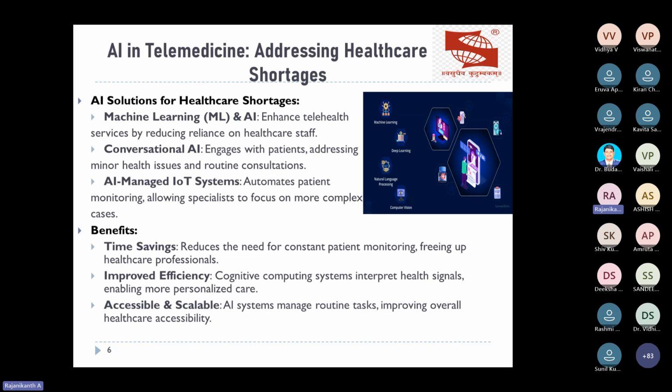But when we add AI to telemedicine applications, we do not require a doctor in place, because now AI will learn from the data and the symptoms, and AI is able to prescribe, predict and take decisions. So slowly we are eliminating the doctor for healthcare.